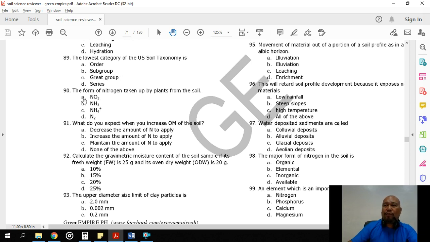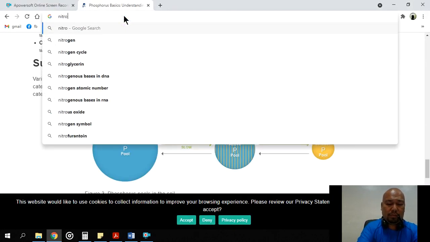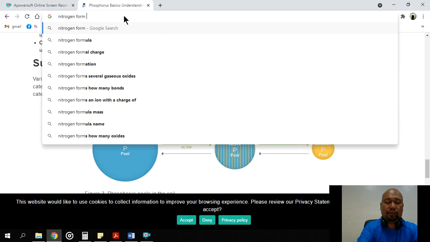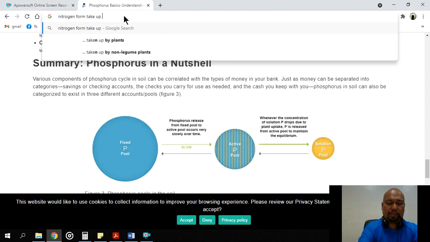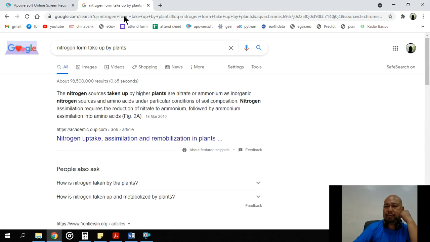Okay, number 90, the form of nitrogen taken up by plants from the soil. I think it's nitrates. So NO3, NO2? I'm confused. Nitrogen form taken up by plants. Let's see.